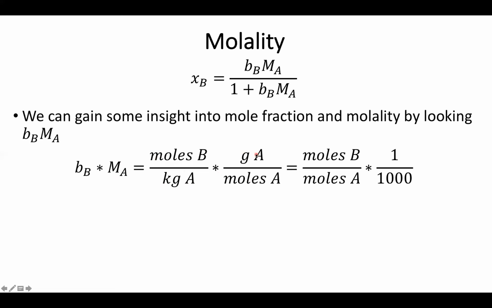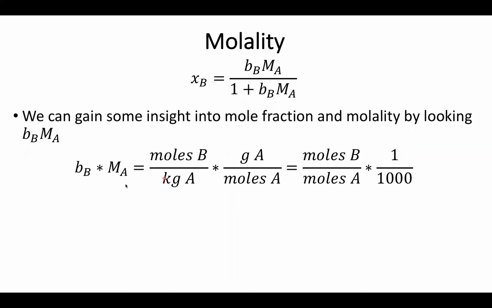You're going to notice that I have mass of A in both the top and the bottom. So as long as I accommodate some unit conversion of 1 over 1,000, because I have 1 kilogram per 1,000 grams, and multiply by 1 kilogram over 1,000 grams, the units cancel out.